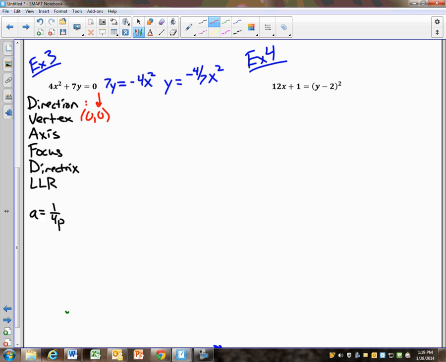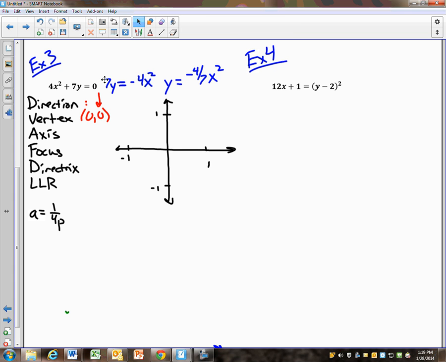I'm now going to draw the graph. Got my vertex at 0, 0. Axis of symmetry. Will this be a vertical line or a horizontal line?